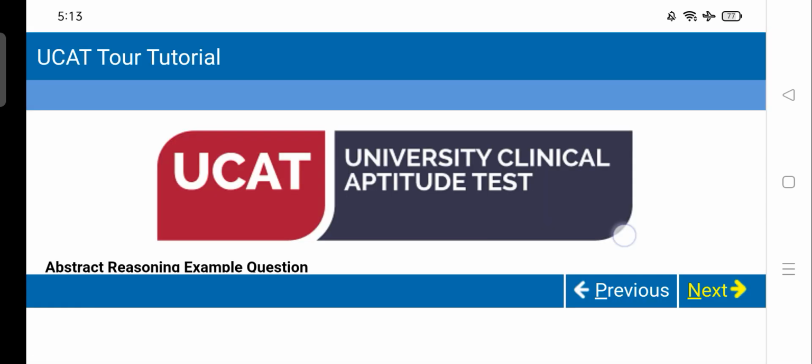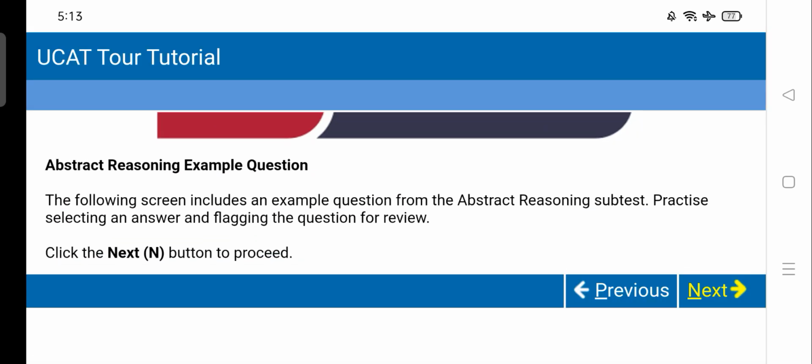Now move next towards the abstract reasoning example question. The following screen includes an example question from the abstract reasoning subtest. Practice selecting an answer and flagging the question for review.